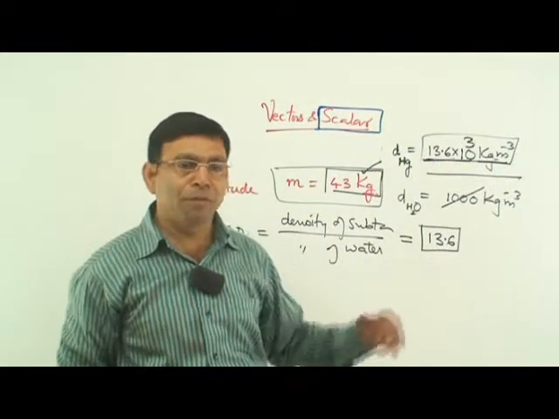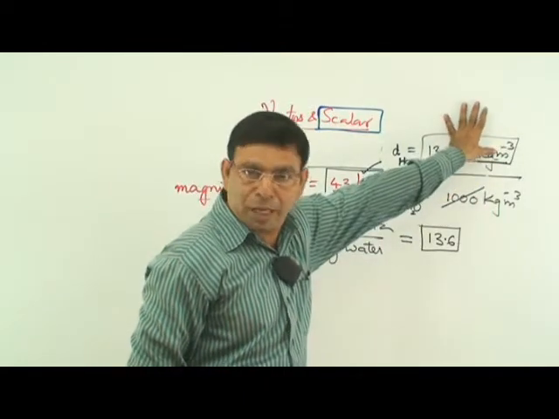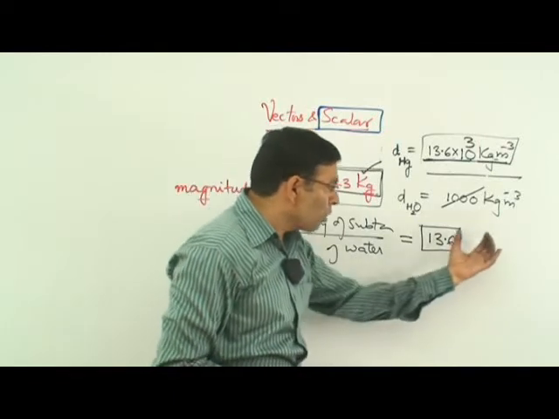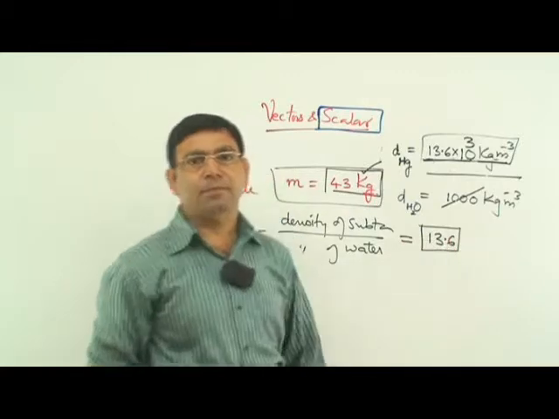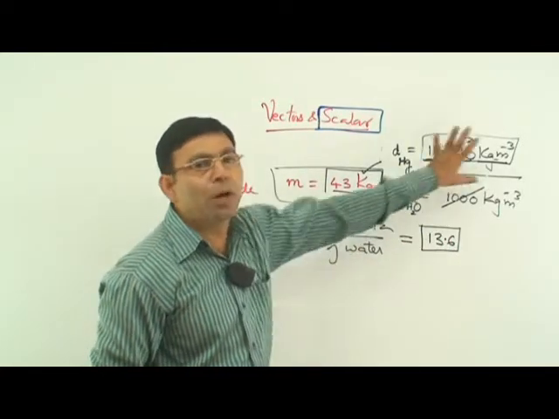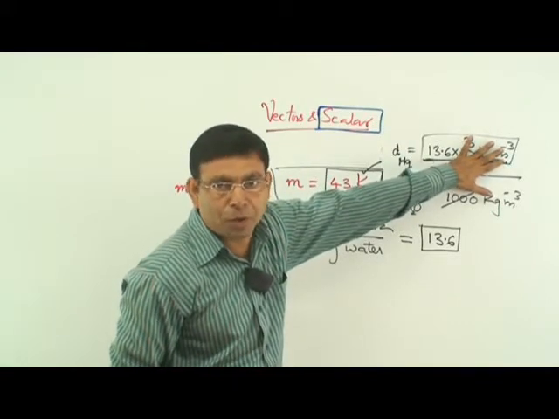Physical quantities which have a number and associated unit, number and unit together is magnitude. And for some physical quantities like relative density which do not have a unit, number alone will be magnitude. And scalars are those physical quantities where magnitude alone is enough to give you complete sense. Direction is not required.